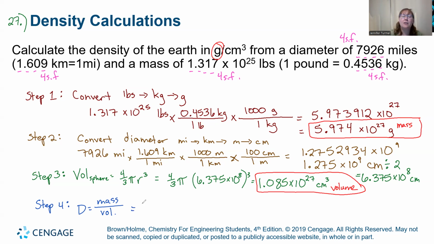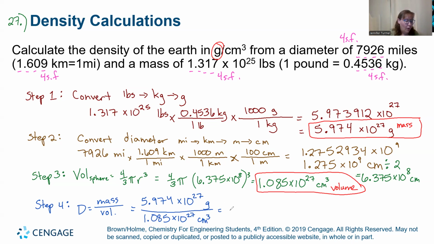It's very important to do that first. And I have 5.974 times 10 to the 27 grams divided by 1.085 times 10 to the 27, and that's cubic centimeters.